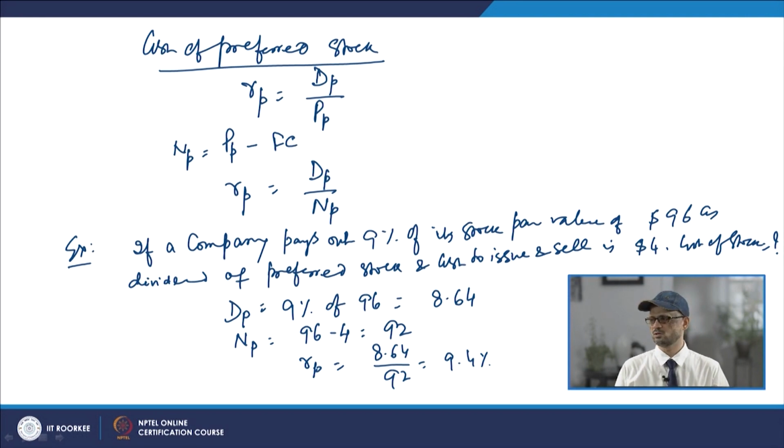So what we have understood so far is that there are many points to keep in mind while dealing with the valuation or the cost of stocks, be it common stocks or preferred stocks, and how to calculate when flotation cost is involved. Then we also studied the growth in dividends, whether the growth rate is constant or changes in stages.